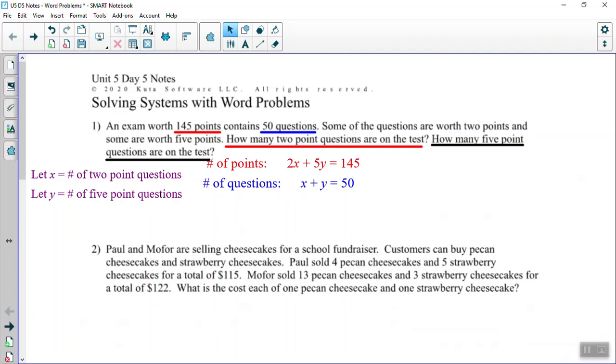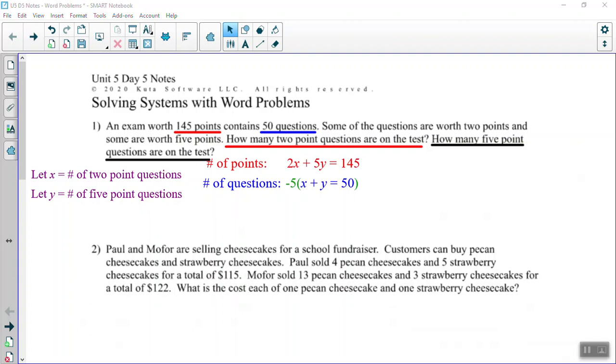So for this first one, if I want to eliminate one of the variables, I need to figure out how to come up with the additive inverse of one of them. I chose to get rid of the y's first, so I'm going to multiply my bottom equation by -5. This part should not be new. The newest part is just writing out our systems of equations.